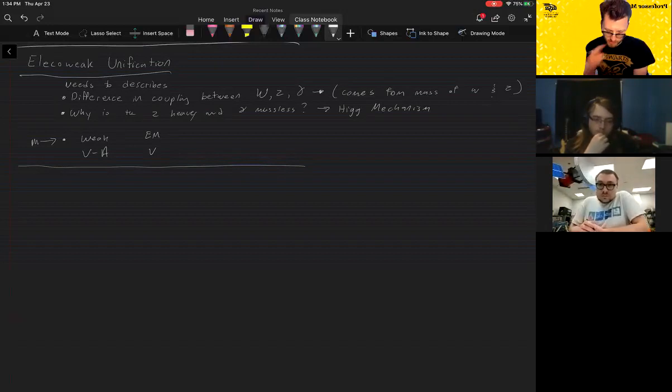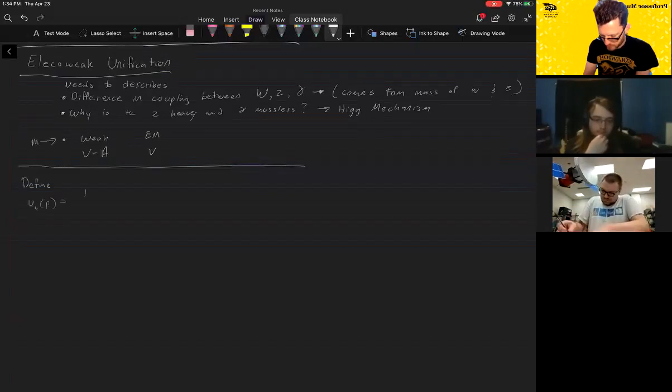And here's how we're going to do it. We're going to define a state that I'm going to call a u_L state. That's going to look like (1 minus gamma 5) over 2 times u(p).